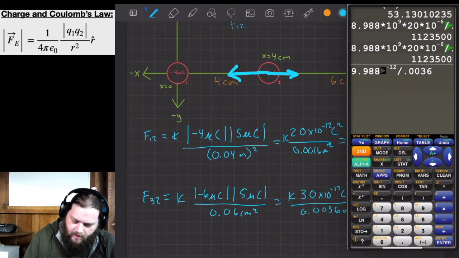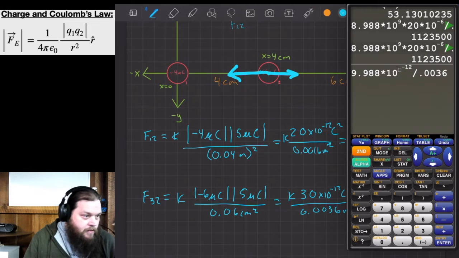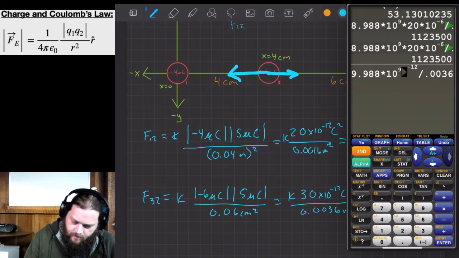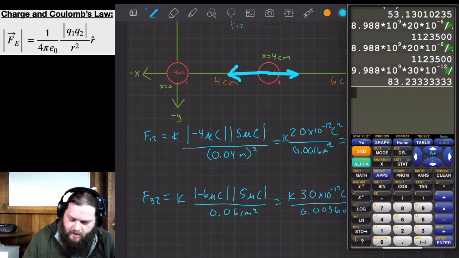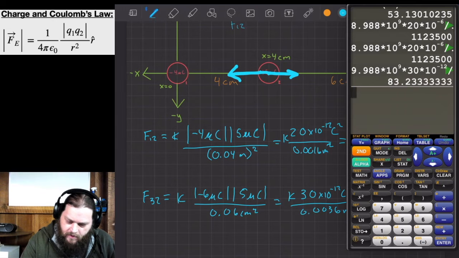Insert 9.988 times 10 to the power of 9, and then times 30 times 10 to the negative 12. And that looks like it's 83.23 newtons, if I got everything in there correctly, which seems a lot more likely.